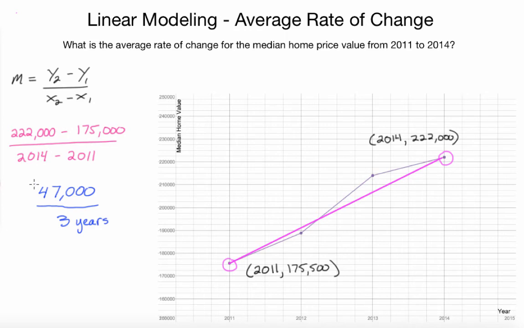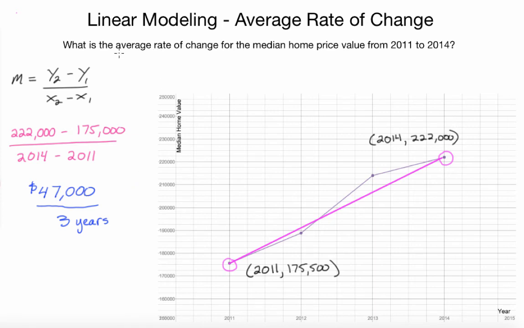I always encourage you, as you're doing linear modeling, keep your units. Think about what all these numbers you're finding are. 47,000 is $47,000, so put a little dollar sign. 3 years is 3 years, so put the years next to it. You're always understanding what these numbers mean and what you're finding. We just found that over a 3-year period it increased by $47,000.